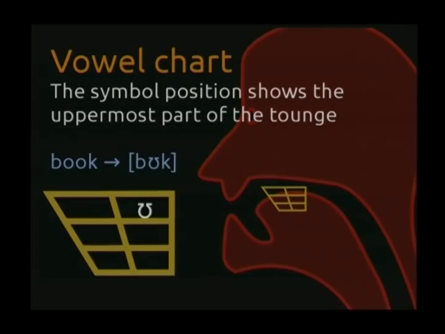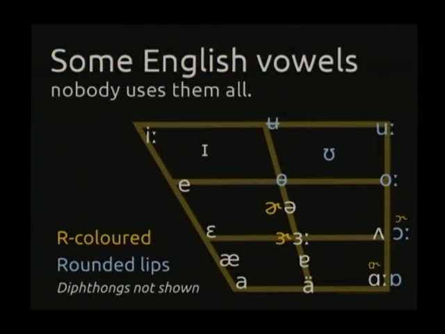Now, this vowel chart is demonstrating where the most closed part of your mouth is when you're making the vowel. So this symbol here is the sound that almost everyone makes when they're saying book. So here are some English vowels.